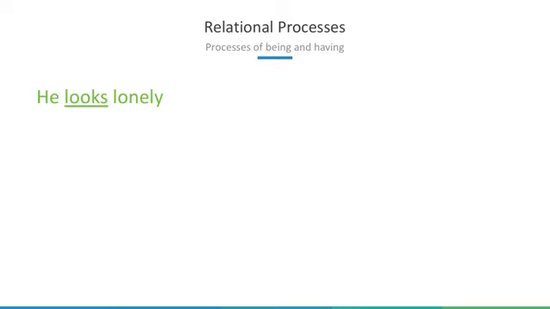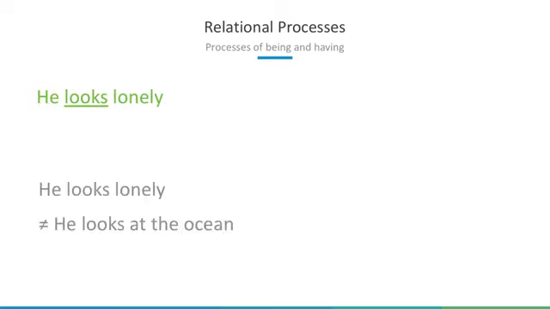So what about this sentence? He looks lonely. If we say he looks lonely, the verb looks doesn't have the same meaning as in he looks at the ocean. So looking at the ocean is similar to seeing, but by saying he looks lonely, it has a very different kind of meaning, so it's a different process.